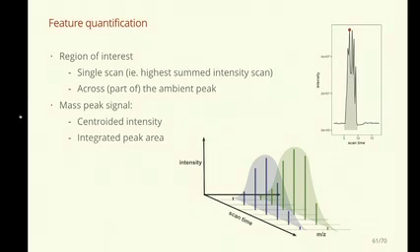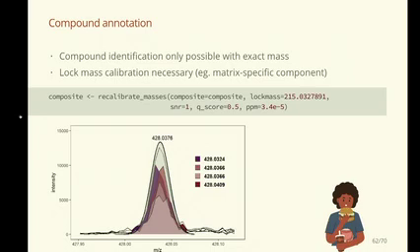In a typical LCMS metabolomics scheme, you would of course create an EIC on the centroided intensity, but we've seen that it's better to integrate the peak area in the mass scale in each individual scan, so a bit of a different approach than the typical LCMS metabolomics. Then sum these individual peak areas across the ambient peak and use that as a feature intensity in your feature table.